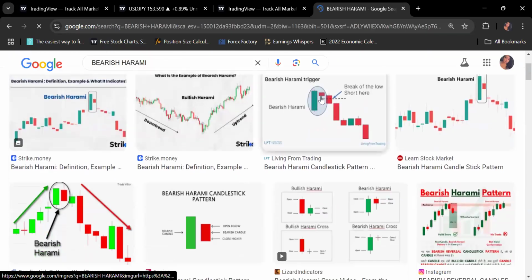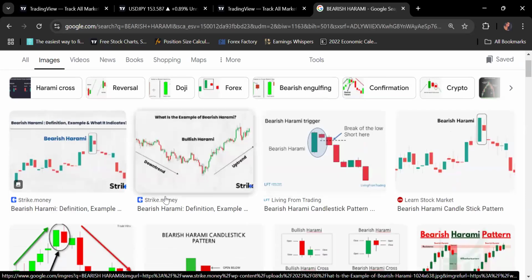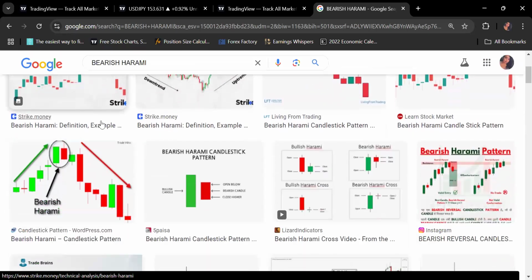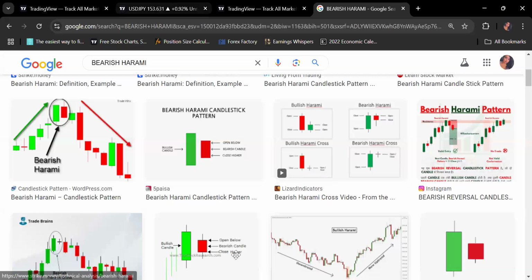Okay, we have our bearish harami. So these you would want to see at a resistance or where a new higher high has occurred and it's starting to lose its uptrend momentum. You definitely will see these at the top of the uptrend. So that's also nice as well.